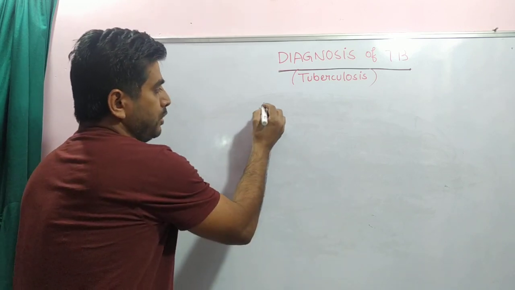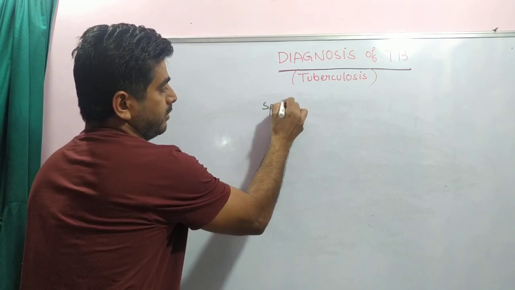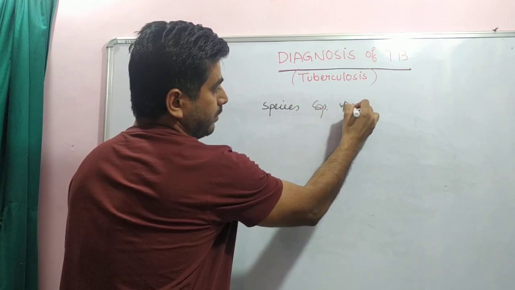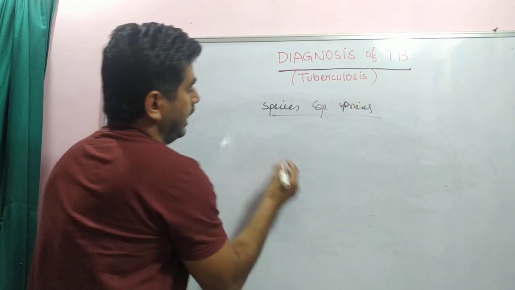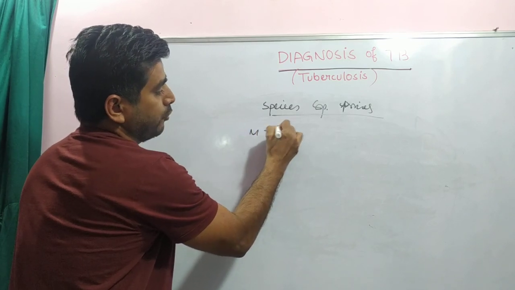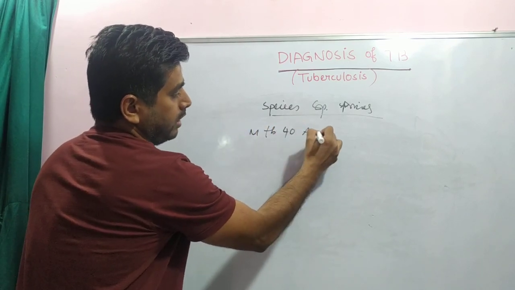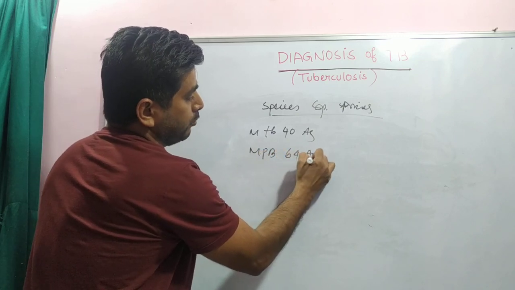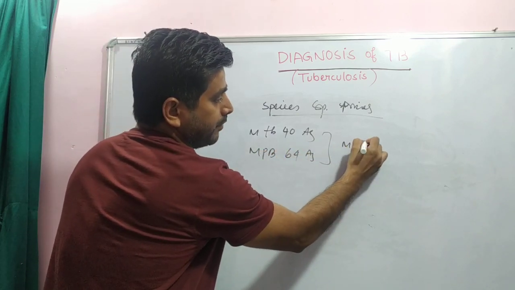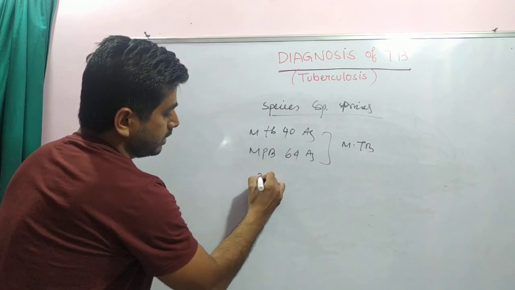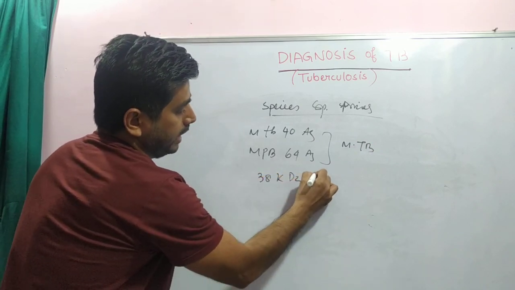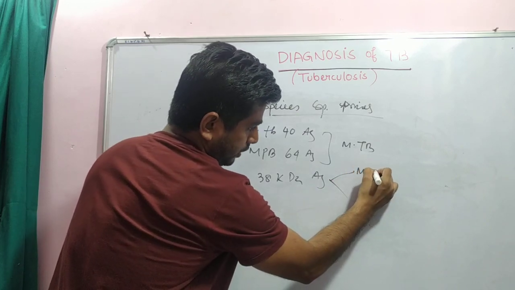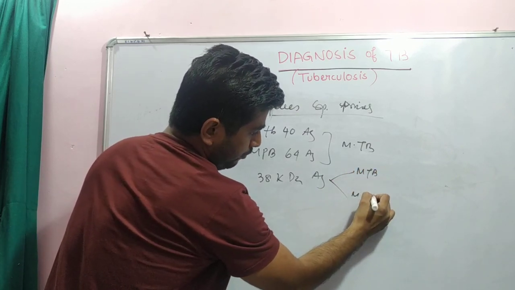There are also species specific antigens or primers. If it is MTB40 antigen or MPB64 antigen, both are specific for MTB. But the 38K delta antigen is specific for both Mycobacterium tuberculosis as well as Mycobacterium bovis.